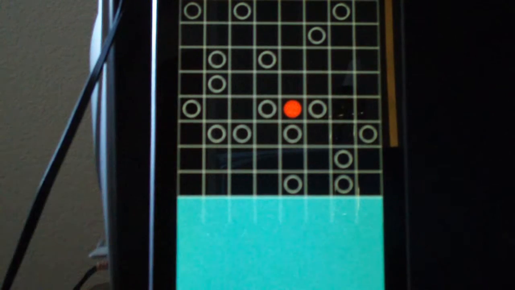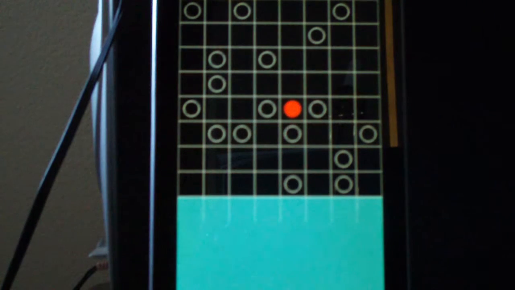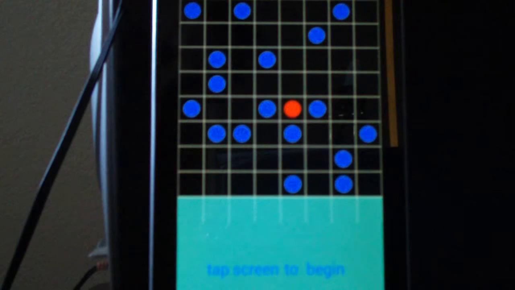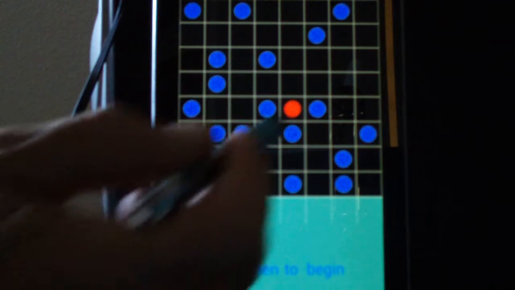Okay, now that's where the obstructions are going to be. So I tap here. That puts in the starting position, and then it's going to put in the obstructions in blue. Okay, tap screen to begin.